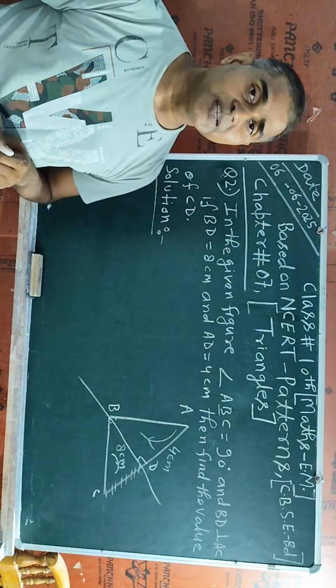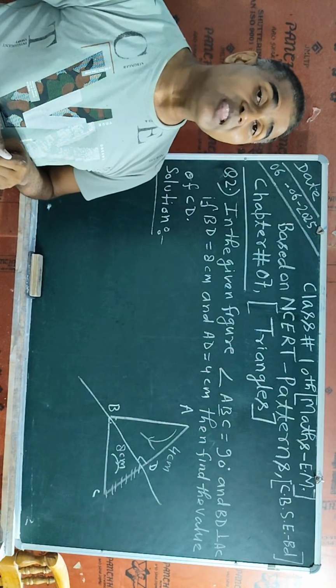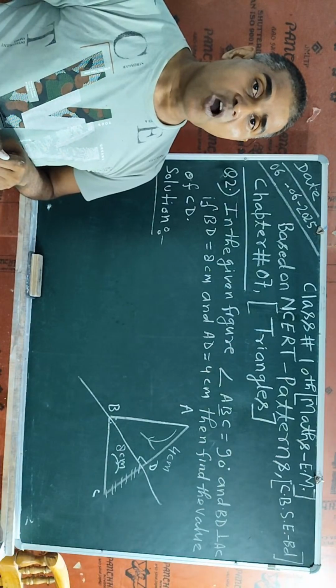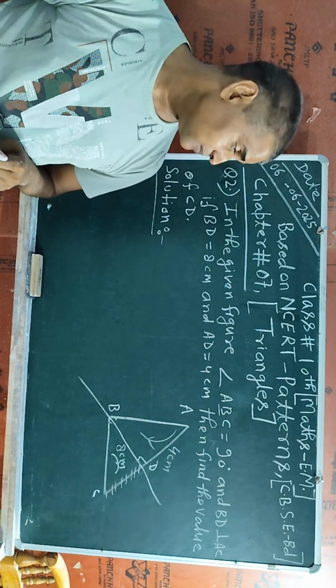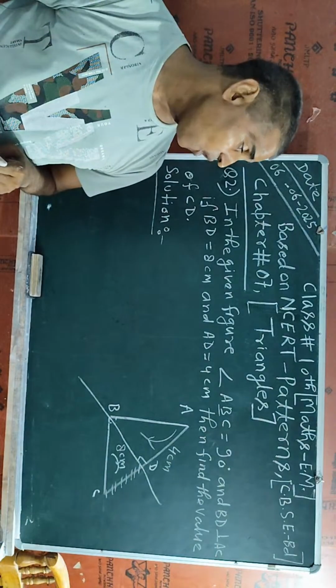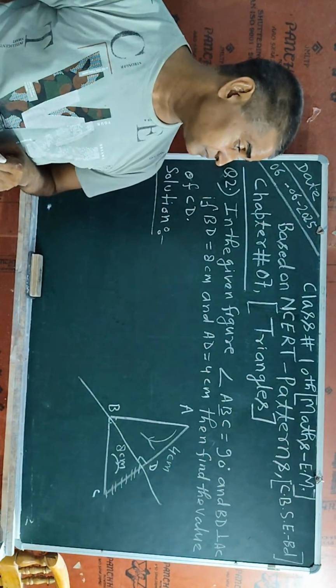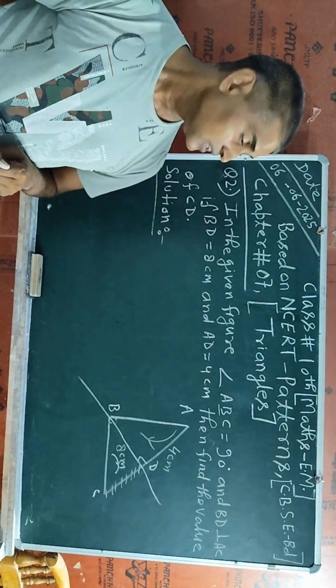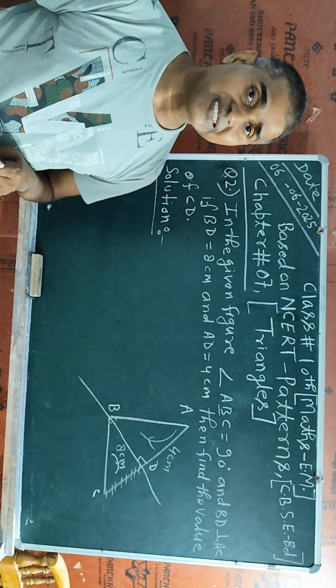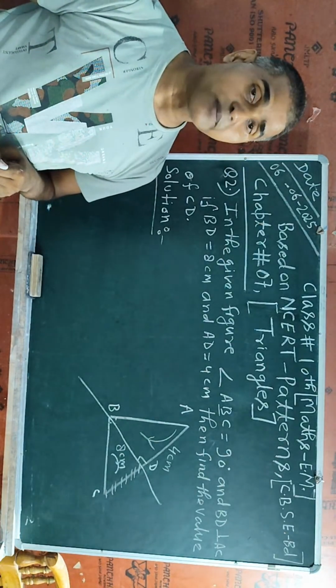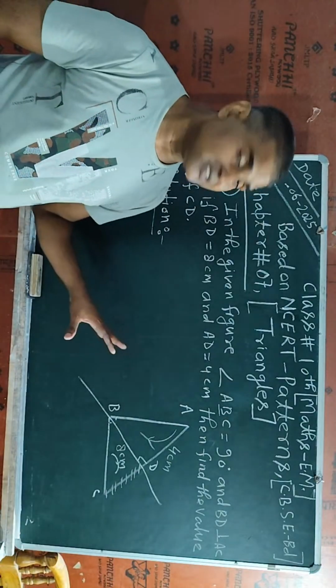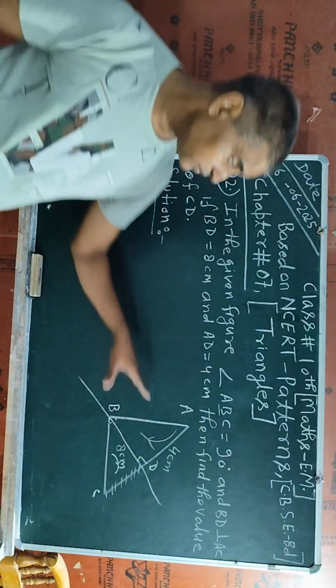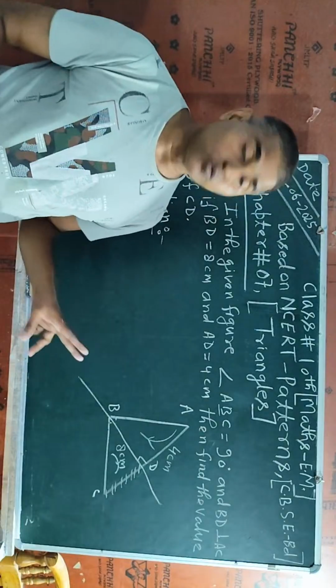First concept is that all the corresponding angles of the triangles are the same, and second condition is that all the corresponding sides are in the same proportion. So these two conditions are for making the two triangles similar.